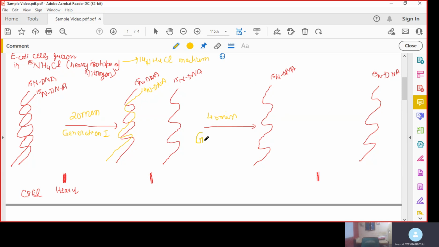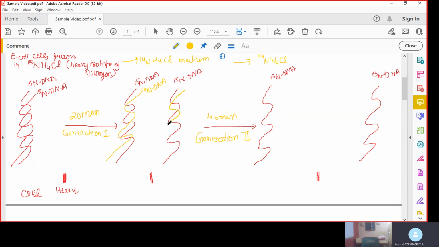As we know that E. coli cells take 20 minutes to reproduce, so this was generation 2. Simply here also the E. coli cells were placed in only simple ammonium chloride.